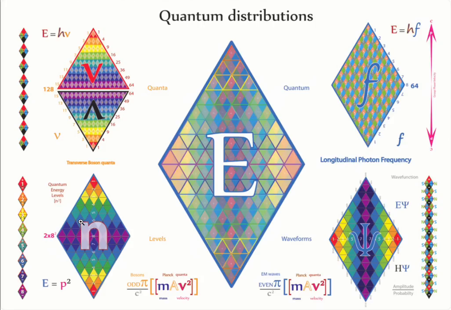We can show the energy levels with their color coding for the n levels, the square numbered n levels. And we've of course shown how the frequency wavelength relationship relates to the velocity of propagation, and how we can combine all of this with longitudinal measurements to give us the statistical probability of wave functions for photons and EM waves or fields of energy momenta.